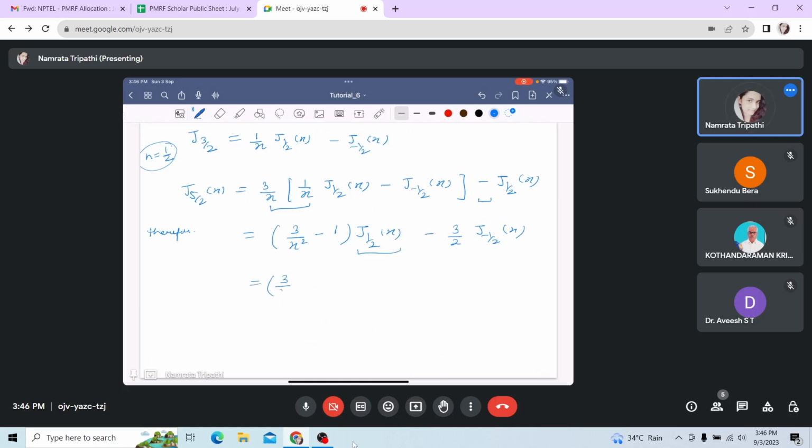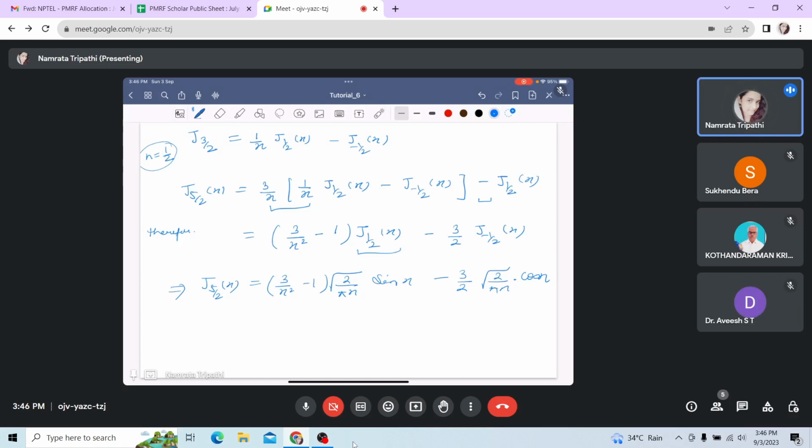It is under root 2 upon pi x sine of x, and z minus 1 by 2 is 2 upon pi x into cos of x. So this is the value of z5 by 2 of x. Everyone got the answer? Yes, ma'am. Okay.